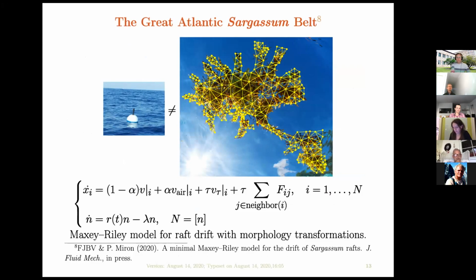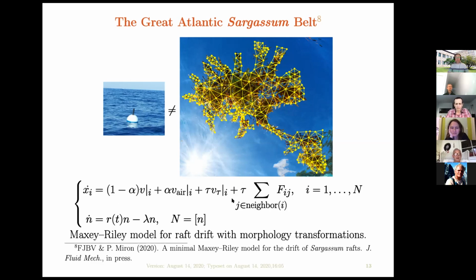connected by elastic bands, mimicking the flexible stems that connect the bladders that keep the sargassum mats afloat. So we developed a theory for the motion of these plants that is going to appear in the Journal of Fluid Mechanics soon, and the expectation is to be able to couple to this model a growth model.